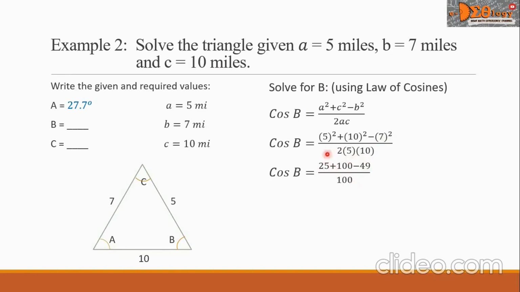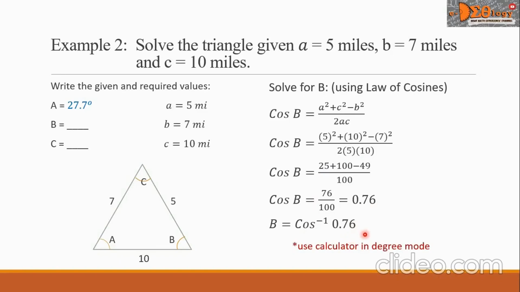Simplifying the numerator, 25 plus 100 minus 49, we will get 76 over the denominator 100. And getting the quotient, we will get 0.76. And the angle B is equal to the cosine inverse of this decimal value.